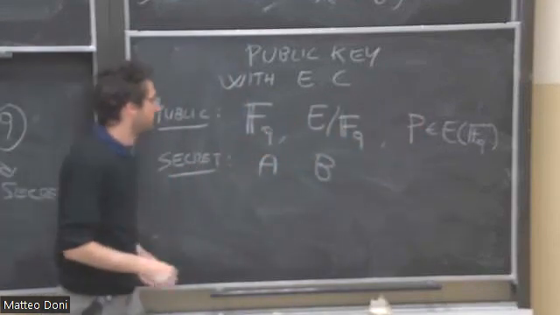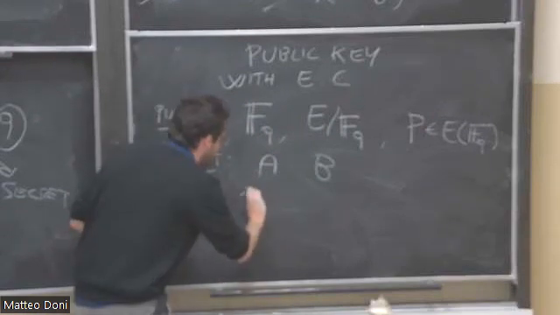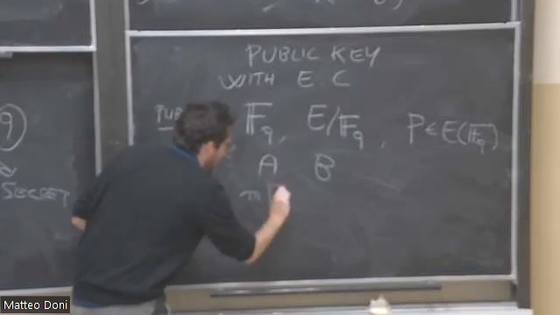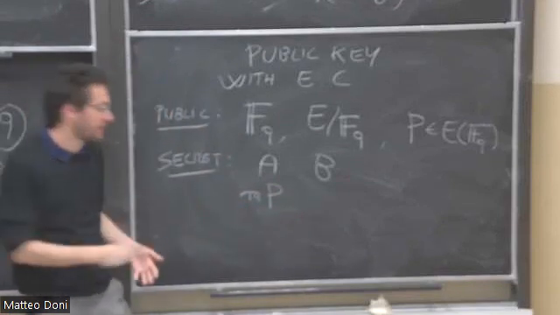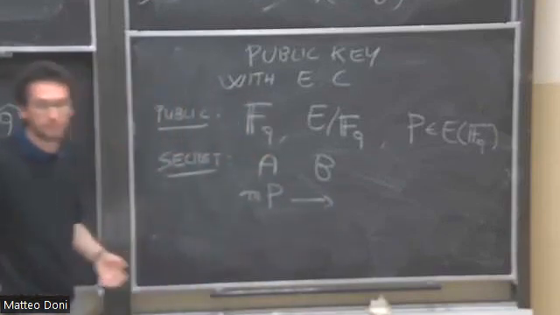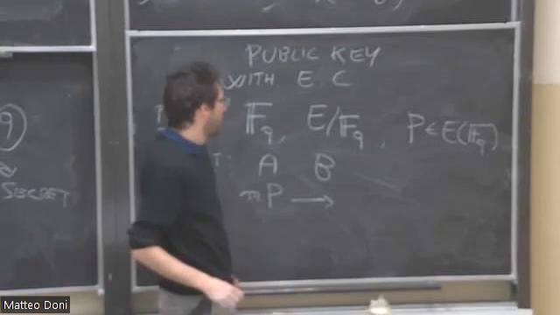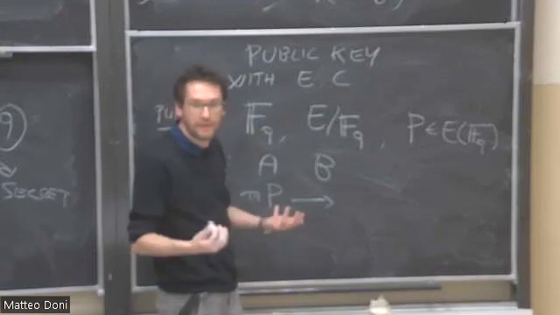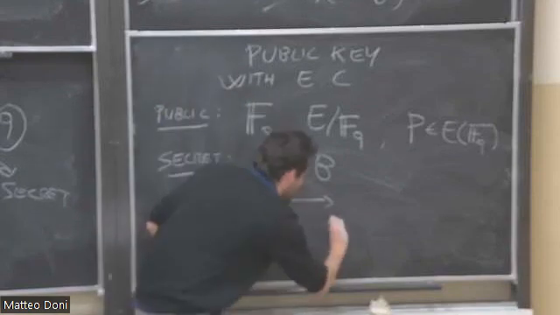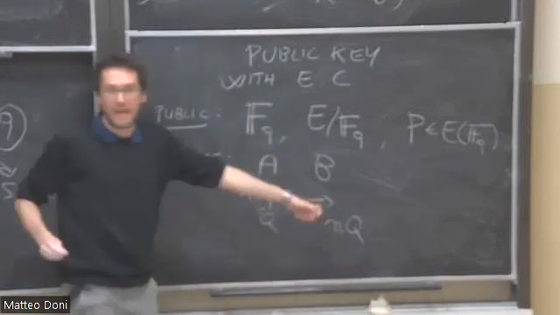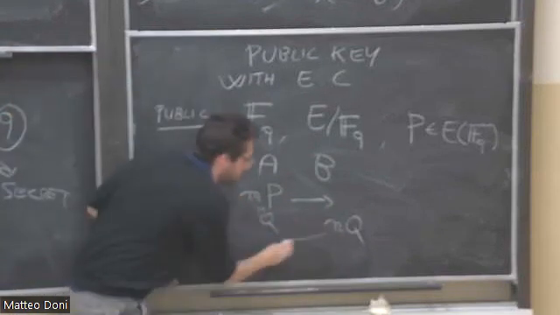What they do, for example, Alice will choose an integer m and will sum P m times with itself and will send this to Bob. Then Bob will try to do the same thing with another integer. Let us call this n. He will do n times the received point and do a similar thing and send it back.